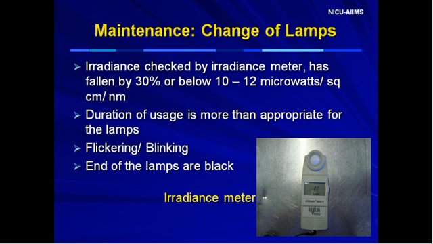However, if the irradiance meter is not available, fluorescent long tubes should be changed every 1200 hours or 6 months of intermittent use, whichever is earlier, or when fluorescent lamps flicker or tube ends blacken. CFL lamps last 2000 to 3000 hours, while LED bulbs last for 10,000 to 50,000 hours.